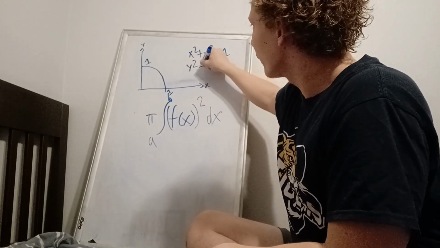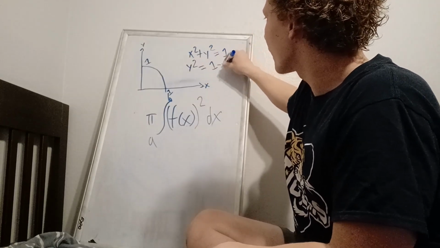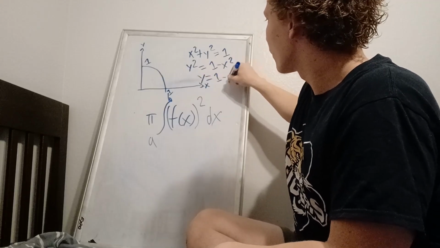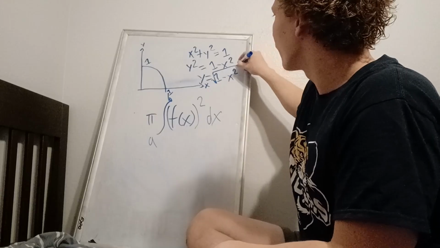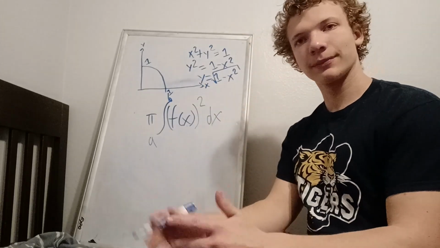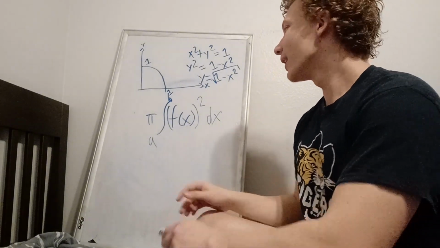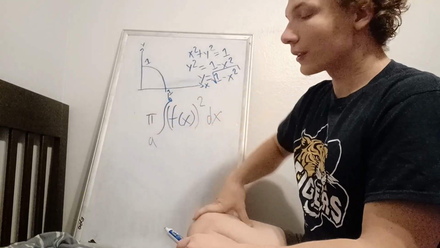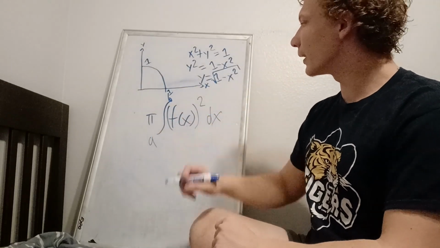Y squared equals 1 minus x squared, and so y is equal to the square root of 1 minus x squared. So that's our f of x. Y is f of x, remember. So now, to find the area of the solid, let's plug it into this.